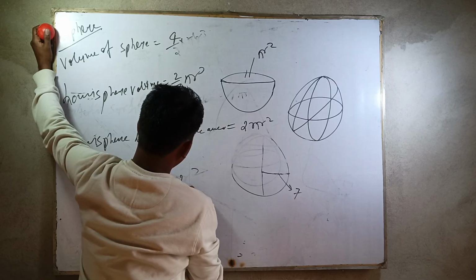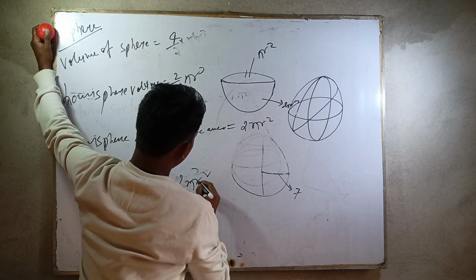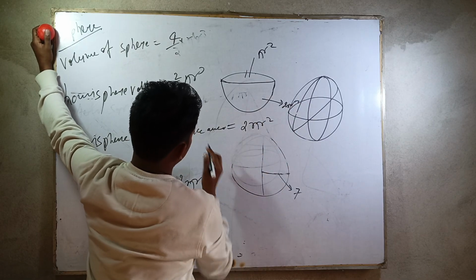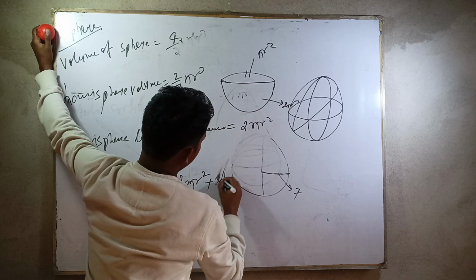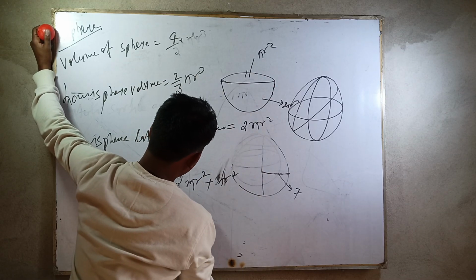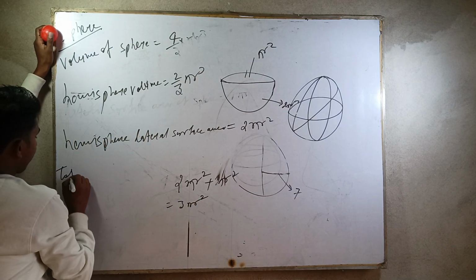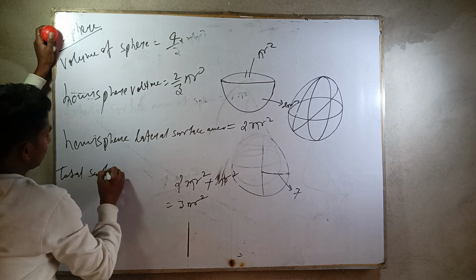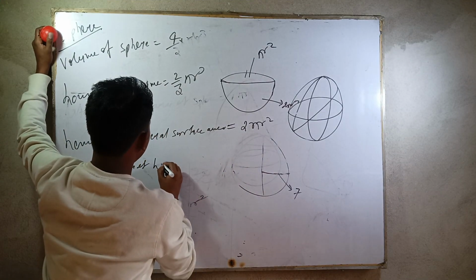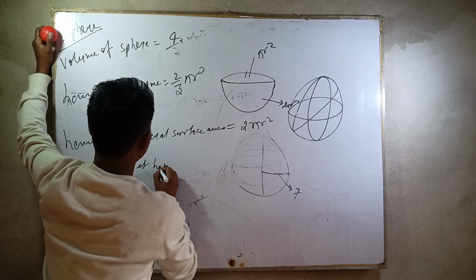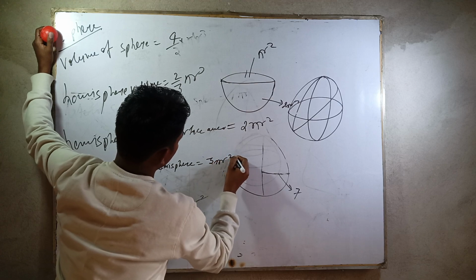That means if I add pi r square to the lateral surface area 2 pi r square, it will be 3 pi r square. So the total surface area of the hemisphere is equal to 3 pi r square.